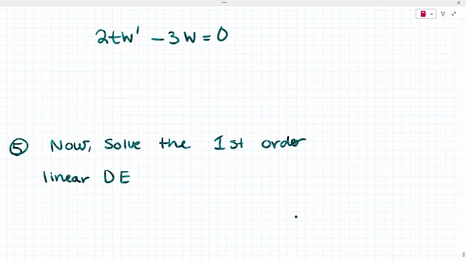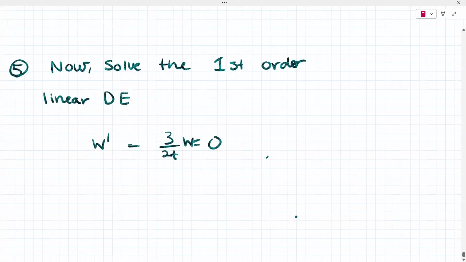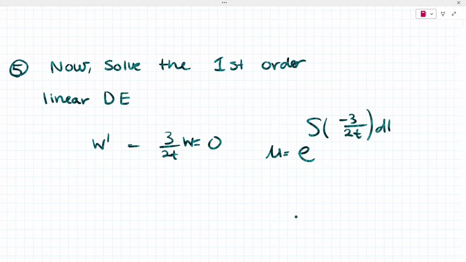It's going to be w prime minus 3 over 2t w equals 0. Now we can solve this. What we have to do to solve this first order linear differential equation is find your mu, which is e to the integral of p(t) dt, where p(t) is -3 over 2t.